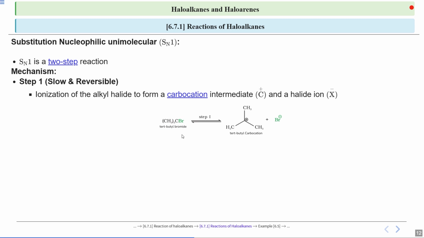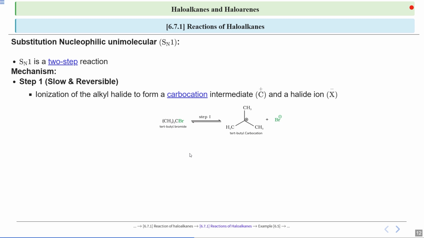Step 1 is a slow step, and it includes the formation of the carbocation after the removal of the halide ion. So you get the tertiary butyl carbocation, where the central carbon has a positive charge and is attached to 3 methyl groups, and also a bromide ion, a halide ion.